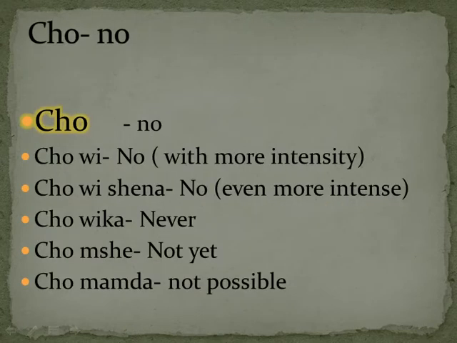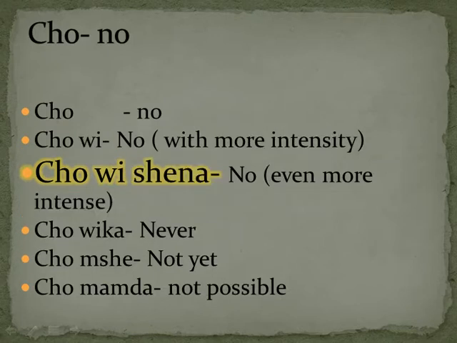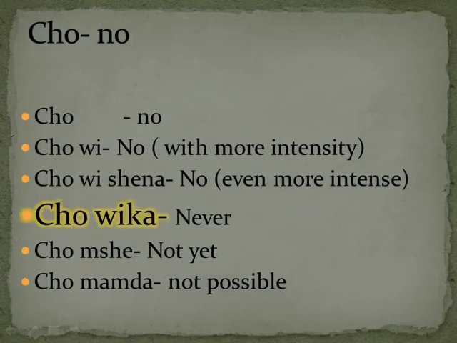Okay, now when you say cho or no, there's actually some variety of what you can say. You can say cho, just basic cho. Some people say it with more of a J sound, like jo, cho. Cho we adds a little more emphasis. That's like a definitive no. Cho we jana is even a little more intense. And then cho wika means never.